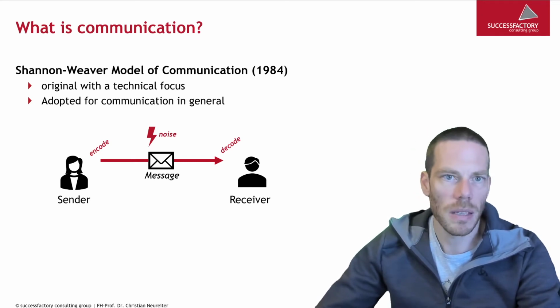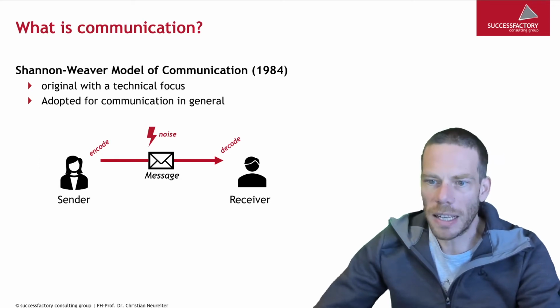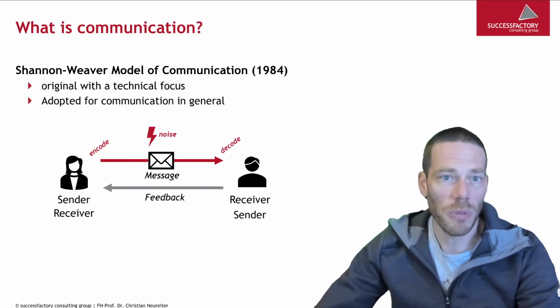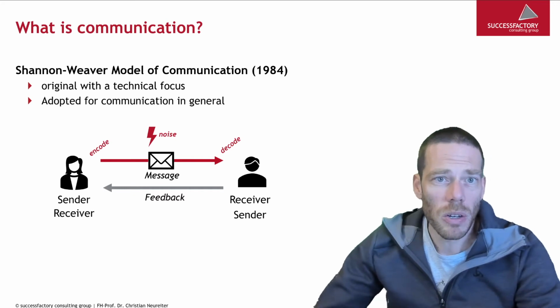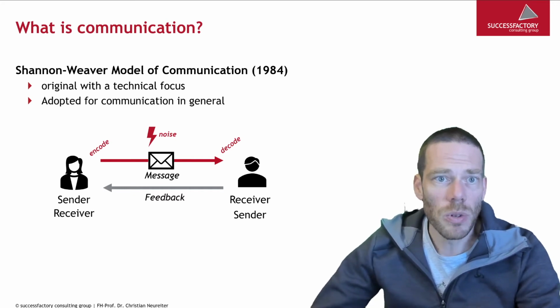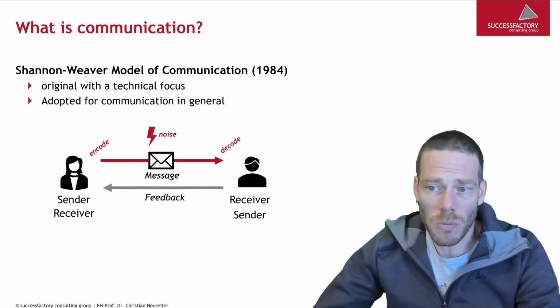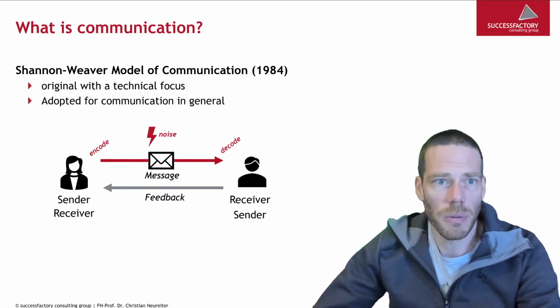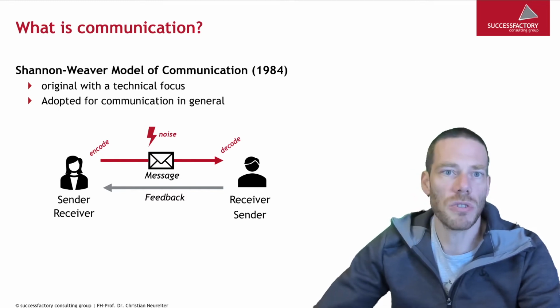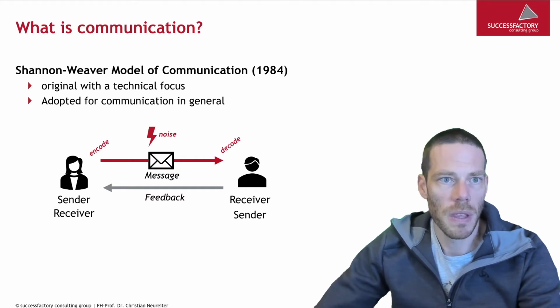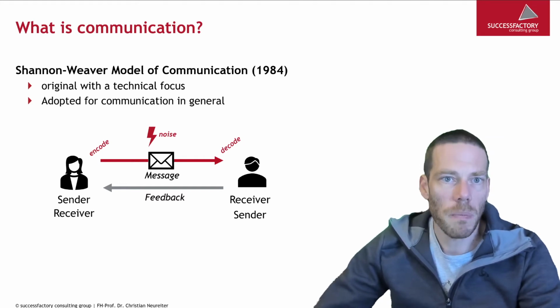Another aspect to be mentioned. Finally, communication is not a one-way direction. Communication relies on a two-way direction. So we also want to get some feedback from the receiver to learn about, did she or he understand what I was trying to communicate? So here we come back again to the concept of remote training.